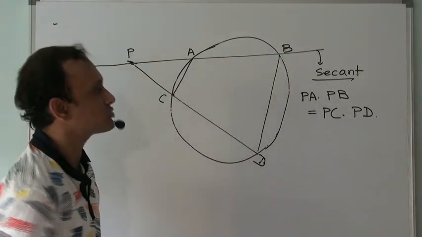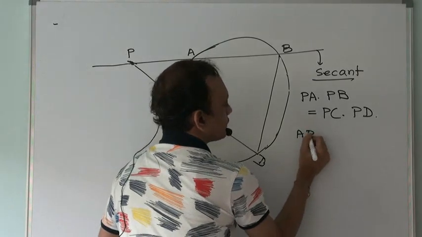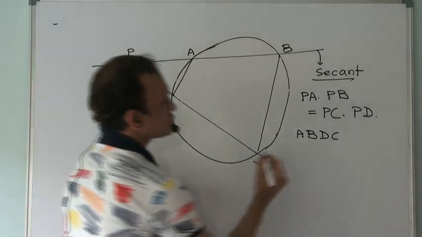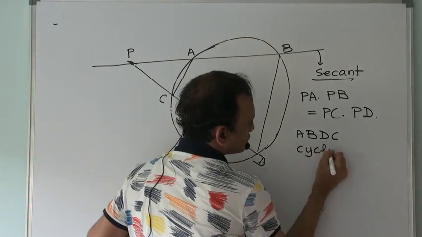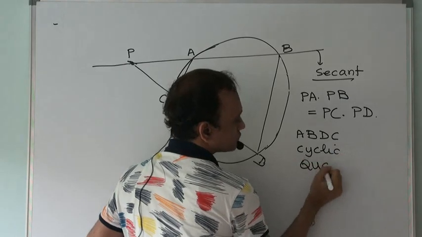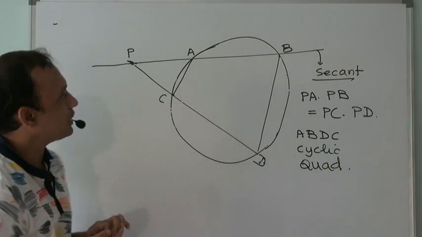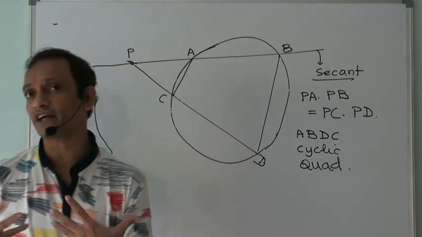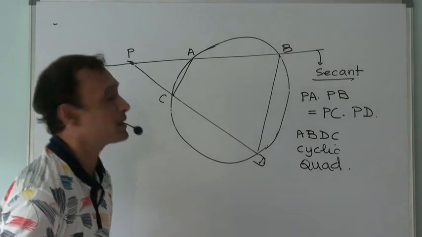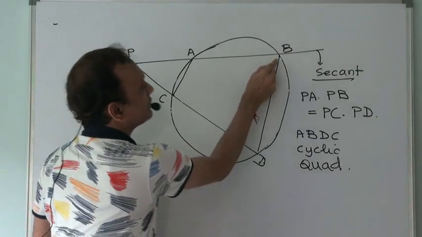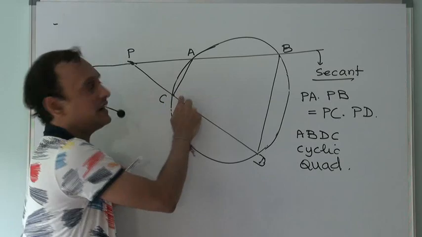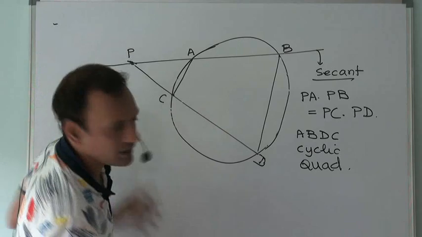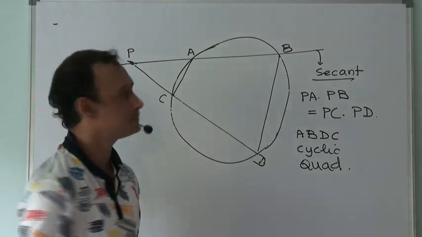What kind of a quadrilateral is ABDC? Obviously, these points lie on the same circle. So this quadrilateral is cyclic in character. It's a cyclic quadrilateral. Now, a property of cyclic quadrilaterals: opposite angles of a cyclic quadrilateral are supplementary. That means the angle here plus the angle here is 180 degrees. The angle here plus the angle there is 180 degrees. Right? That's a property of cyclic quadrilaterals that we've learned.